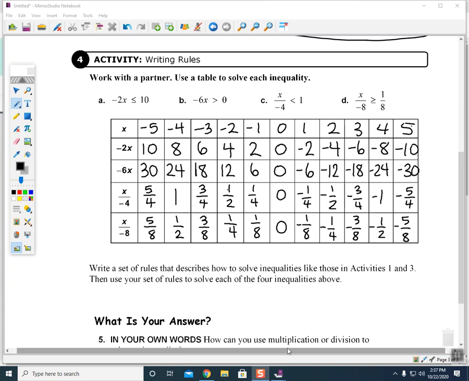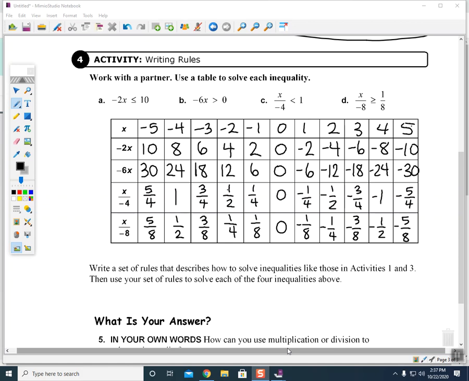So what I need to do is start looking at patterns. Okay, so let's start with letter A. My inequality for letter A is -2x is less than or equal to 10. Well, let's look at the table and figure out when this is true. So when is -2x less than or equal to 10? Well, I'm noticing that it's at 10 at -5, right?